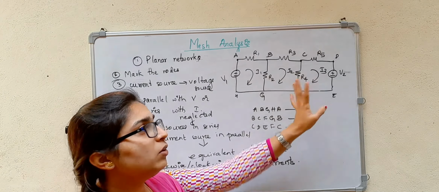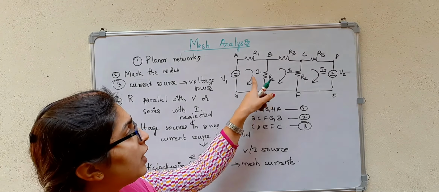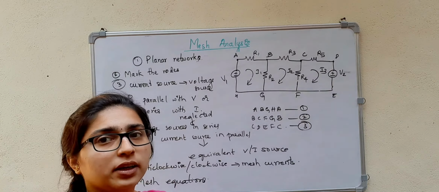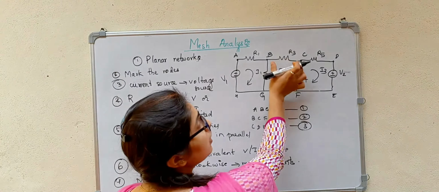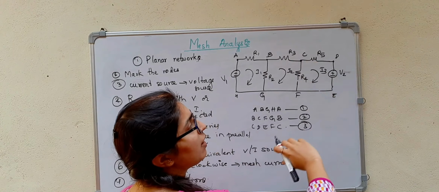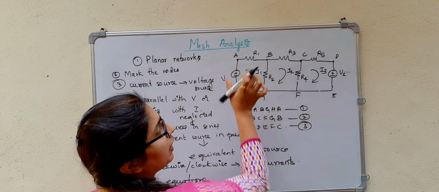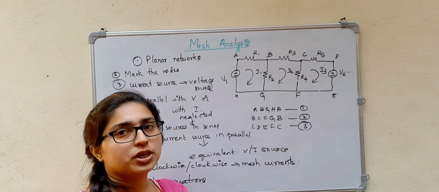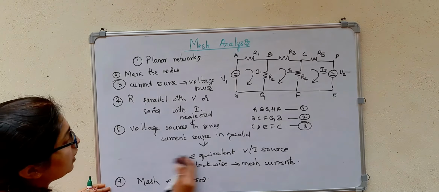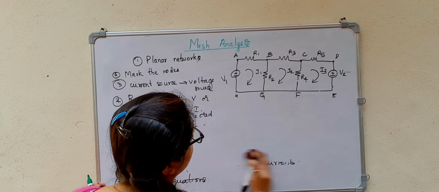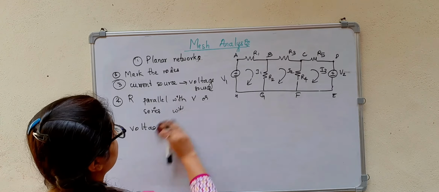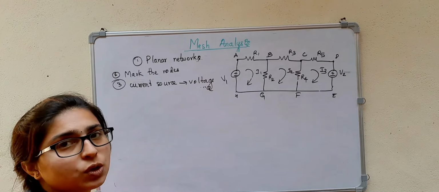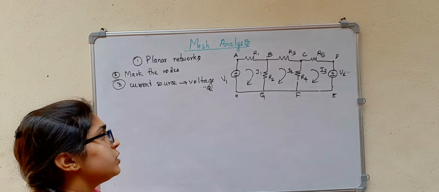Since we get I1, I2, I3, by knowing those values we can also find the branch currents: BC, CF, DE, AB. So here we got three meshes, and we have marked the mesh currents also. Now we will write the equations for this.